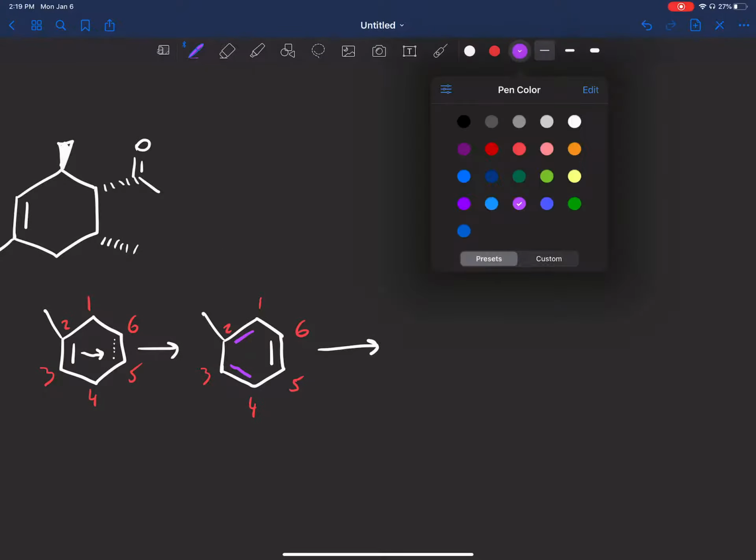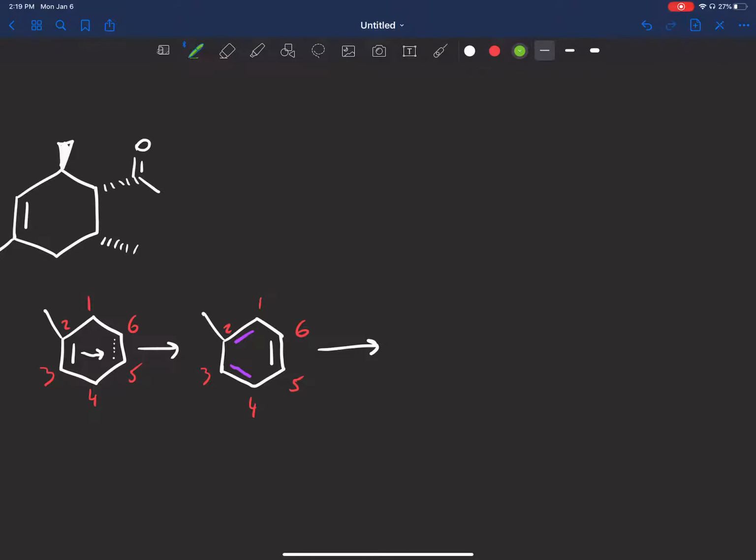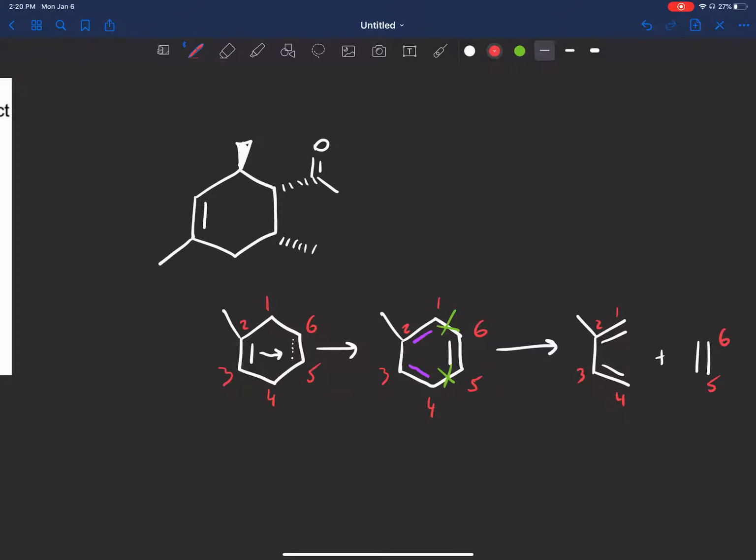The next step is to cut those bonds away. So we break those bonds. And just to renumber so you guys can see, 2, 3, 4, 5, 6. So we did this.